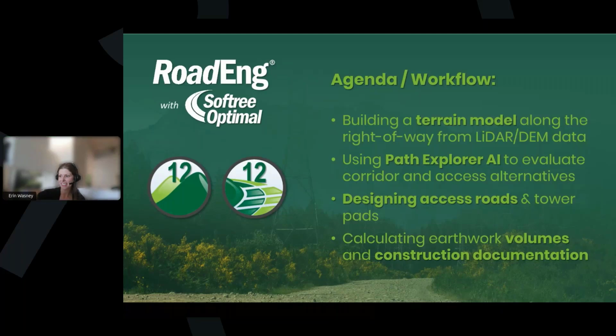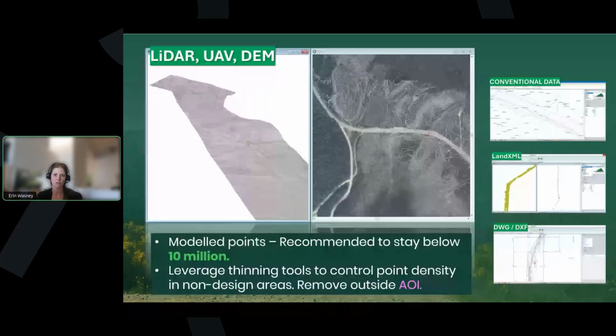So as I said, terrain model, essential first step. And to do this, we're going to bring in some data. Typically for these types of projects, we're working with higher resolution data, whether that's LiDAR, DEM, drone data. And our big point here, we do tend to try and keep our modeled points below 10 million, or essentially 1 million points per gigabyte of RAM you have on your computer.